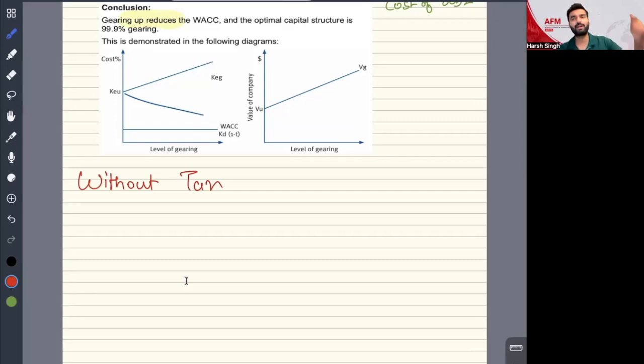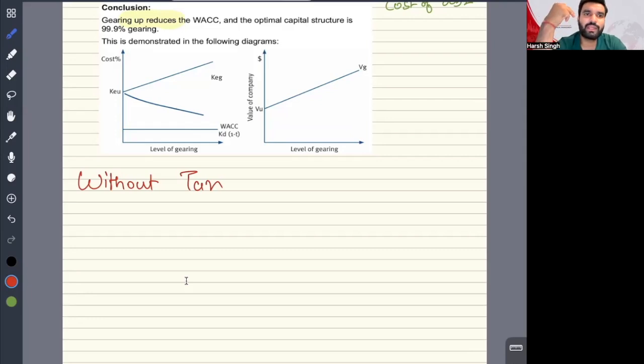But one company was ungeared, the other company was geared. Now, according to them, both of these companies will have the same operating profit because they have the same market value and the same WACC as well. No matter whether the company is geared or not, everything will be same. Okay.